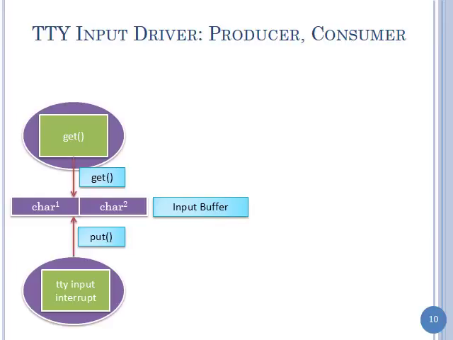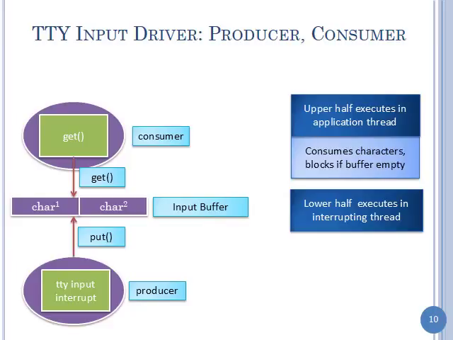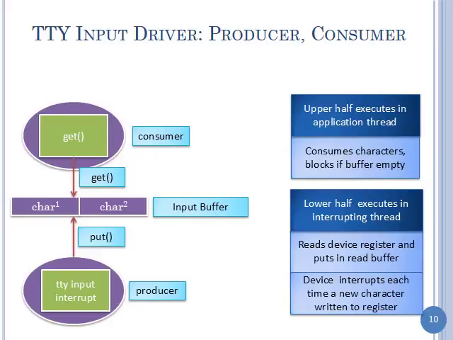So we have the producer-consumer problem again at work. The upper half consumes characters, and the lower half reads the device register and puts it in the read buffer. Each time a new character is put into the register, the device will interrupt. So on input, it will interrupt.